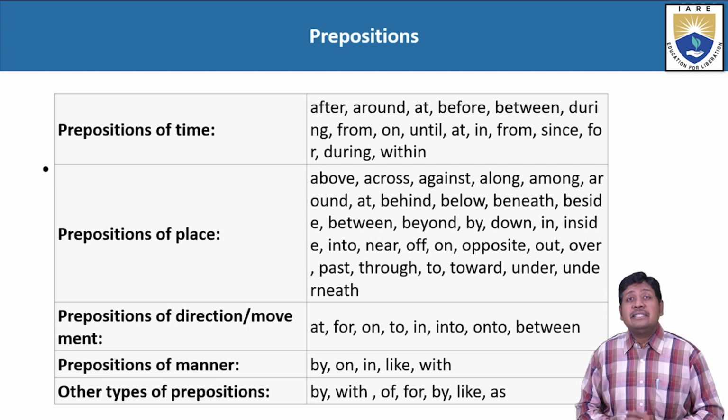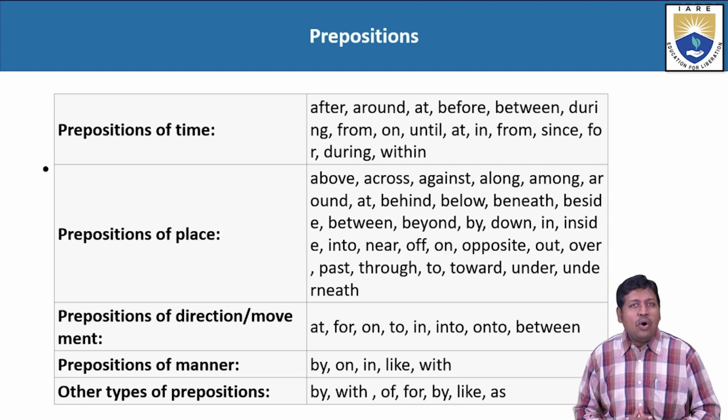Let us go ahead and see some of the prepositions of place, location, prepositions of location. What are they? How are they used? Well, above, across, against, along, among, around, at, behind, below, beneath, beside, between, beyond, by, down, in, inside, into, near, off, on, opposite, out, over, past, through, to, toward, under, underneath.